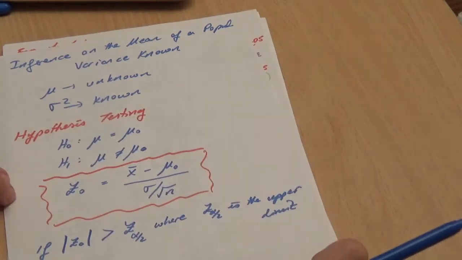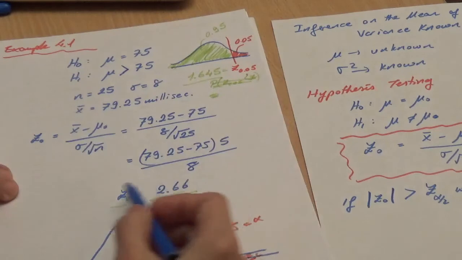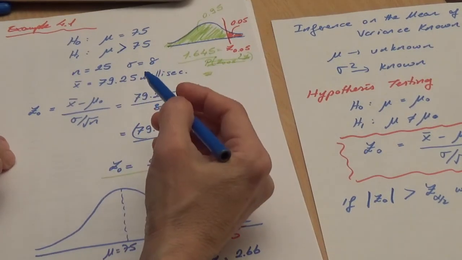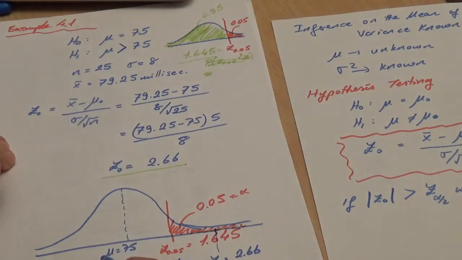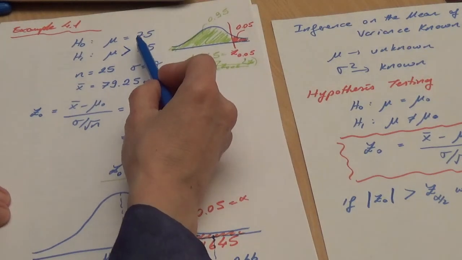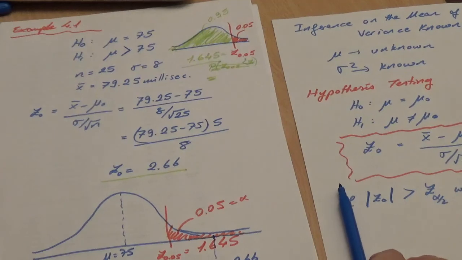We thought it was 75, but with our hypothesis test, we found that it is less likely to be equal to 75. So it should be greater than 75. We reject the null hypothesis. We say that it is not 75. It should be more than that. That's our conclusion for this example.